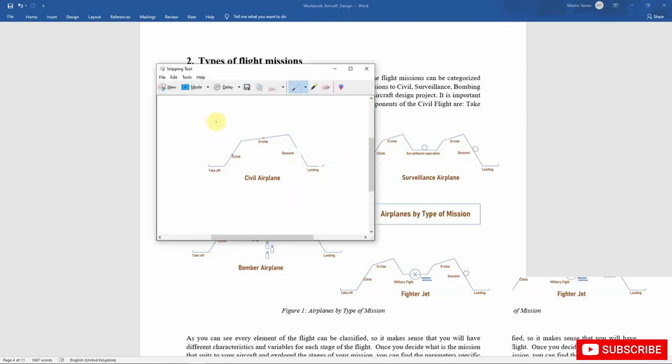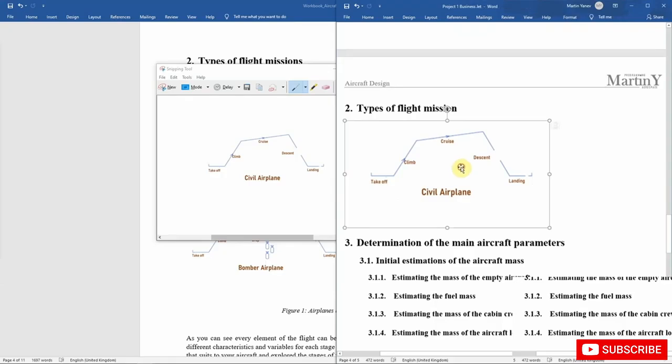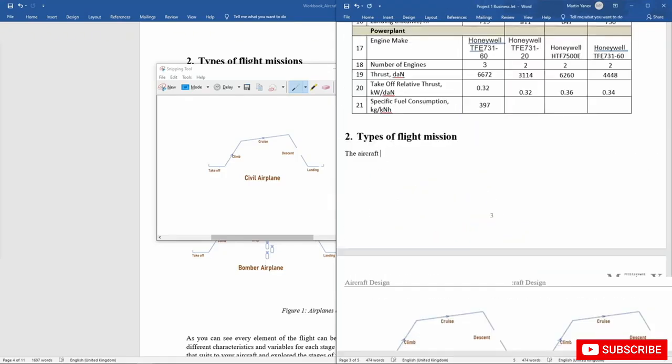So I cut the picture of the civil mission and I'm going to place it in our project. Here I will simply drag our mission in, and I will just write a statement. The aircraft will be designed for civil flight, and the flight stages are takeoff, climb, cruise flight, descent and landing.